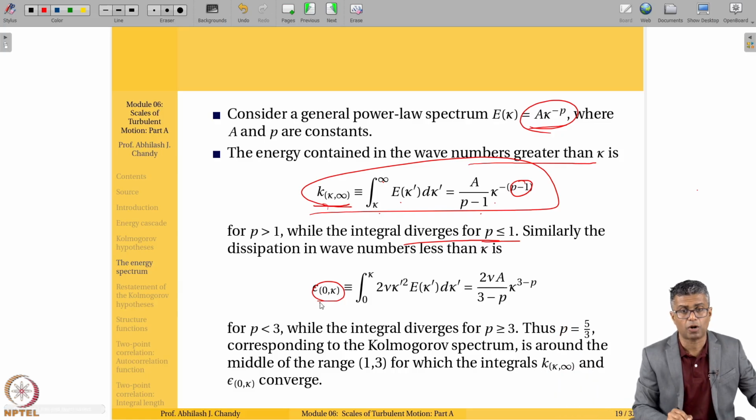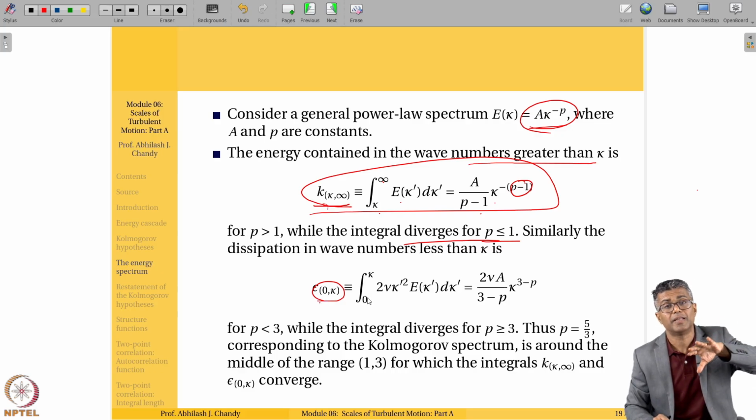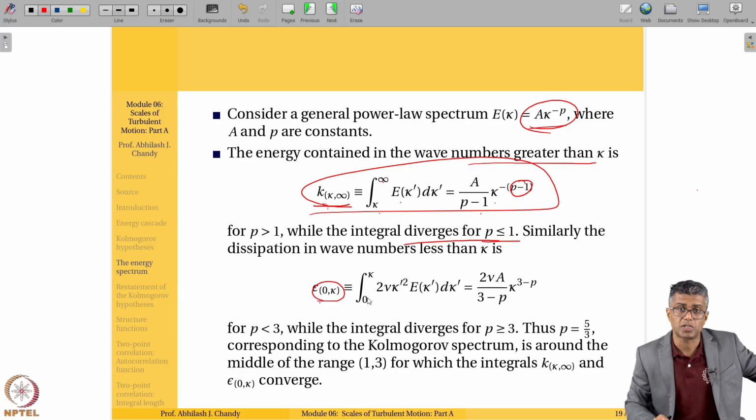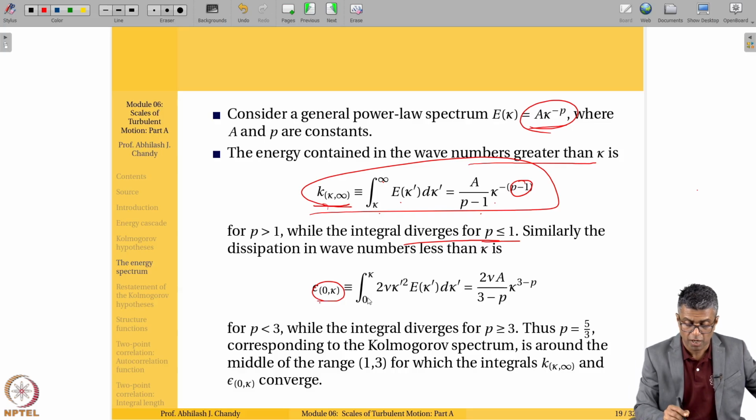So when I take epsilon, which is the integral from 0 to kappa, I will take 0 to kappa only because the energy dissipates towards the smaller scales. So I have the integral from 0 to kappa of 2 nu kappa prime squared E(kappa prime) d kappa prime.